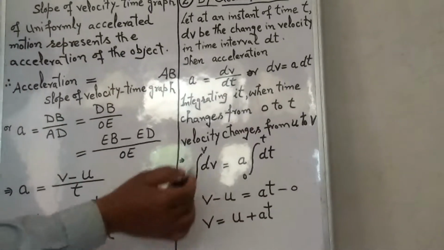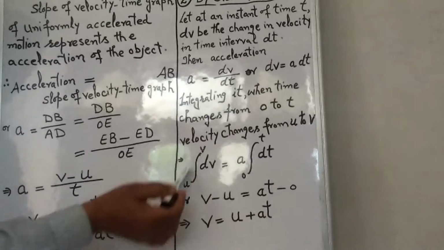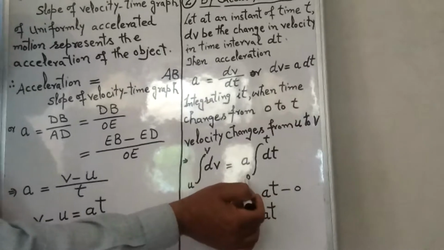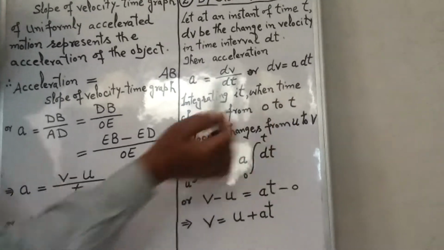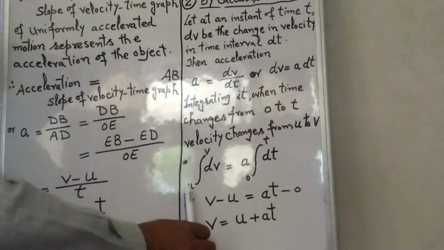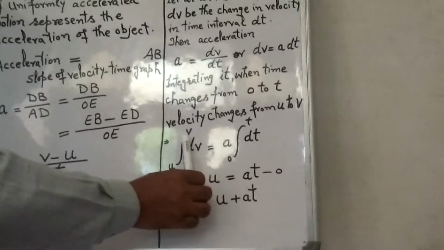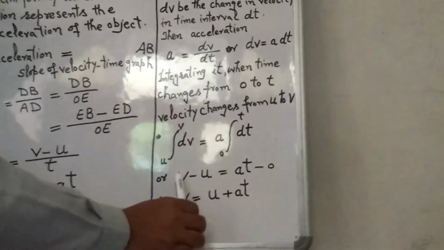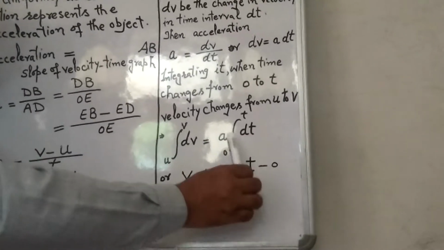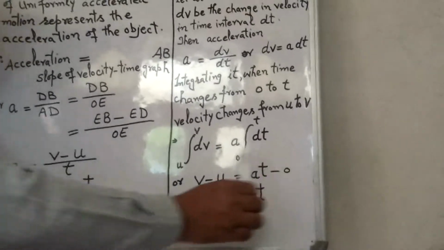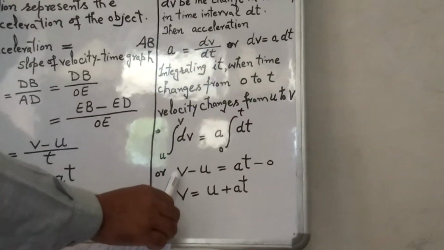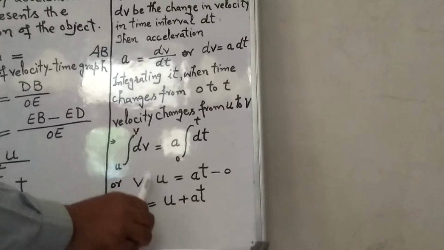The integral of dv between limits u to v is v - u, upper limit minus lower limit.